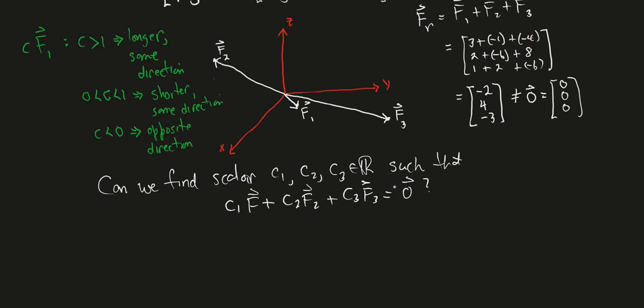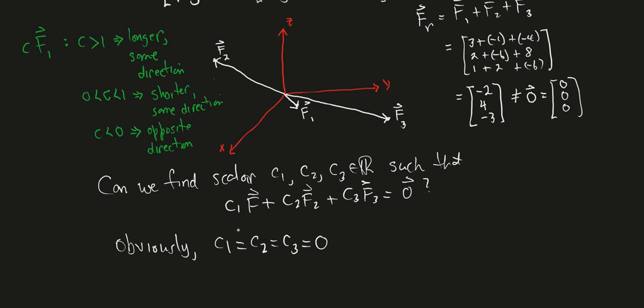It is a clever solution, but it's what we call the trivial solution. So let's make a note of that. Obviously, in a very condescending way, clearly, C1 equals C2 equals C3 equals 0.